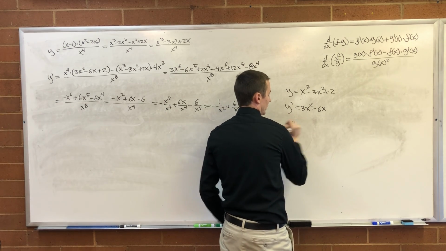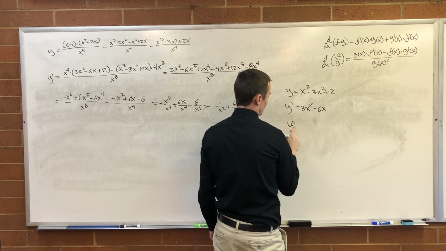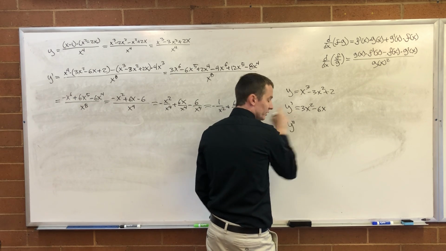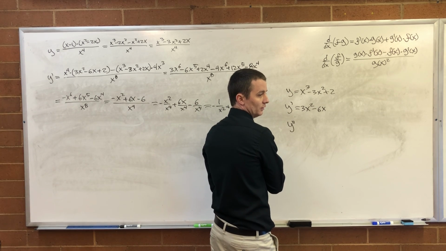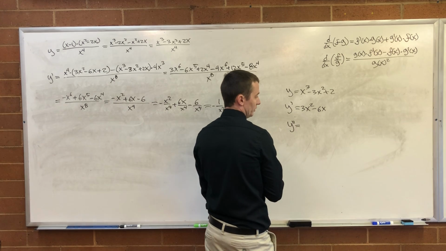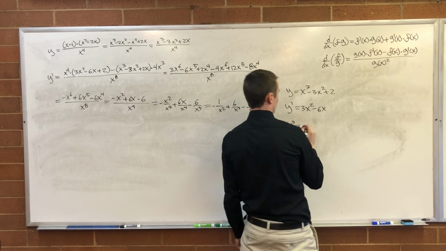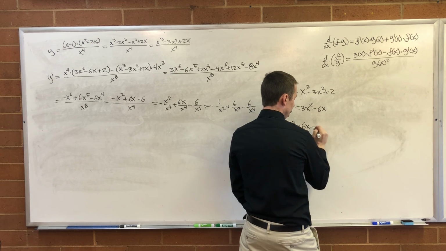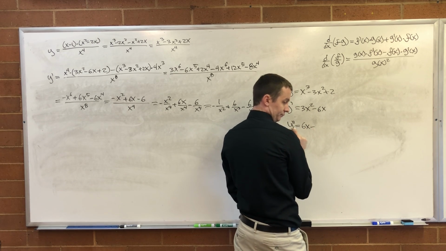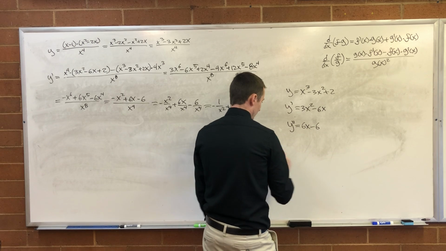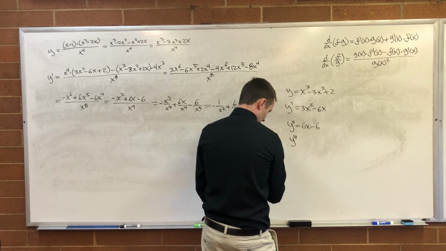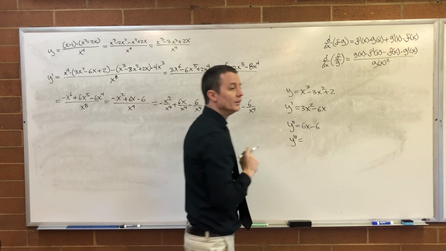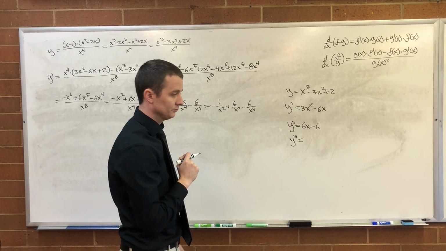And y double prime. So now we're saying this is the slope of this function. What's that derivative going to be? 6x minus 6. Just 6x minus 6, right? And what about y triple prime? Then it's just 6.